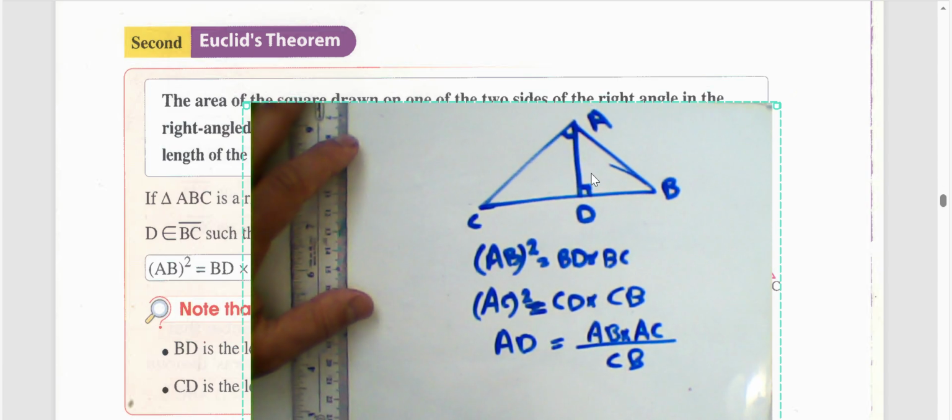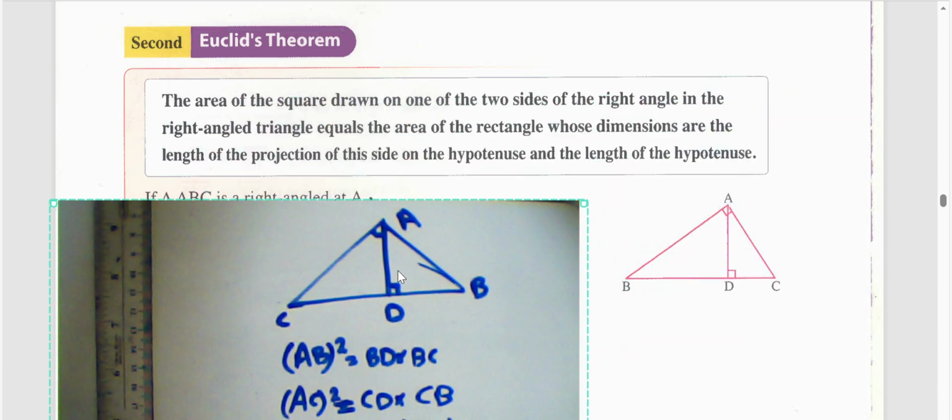You must know this rule, okay? It's a rule to find the answer here.